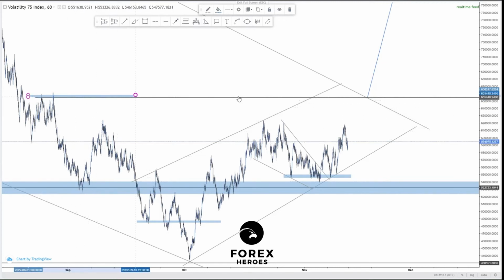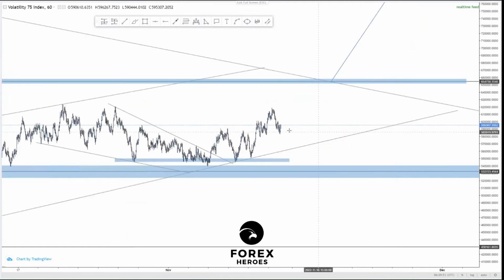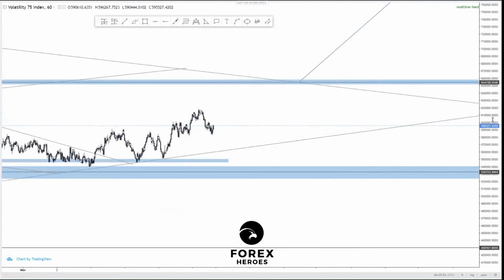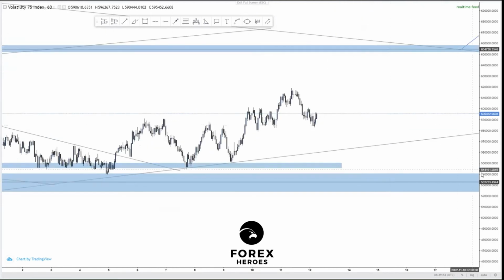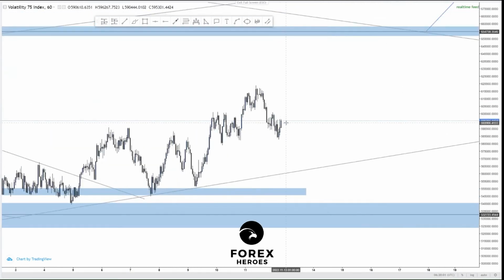So we want to see here: is it going to continue to the upside or go to the downside? Now you can see we are pushing to the upside. This is me taking this to this because I'm seeing a correction here.